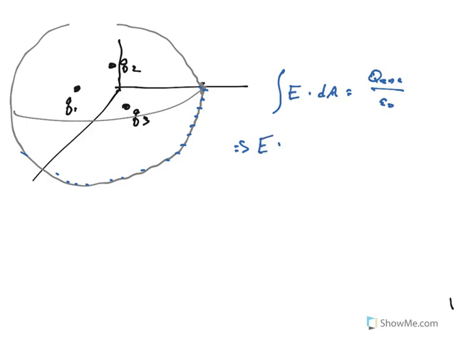So we have E times the area of the sphere, 4 pi r squared, equal to the total charge enclosed, Q1 plus Q2 plus Q3, over epsilon naught. Again, we get the same kind of answer. This, unfortunately, is not going to be a vector quantity. It gives us the magnitude of the electric field, but not the direction. But that's okay. If we need the direction, there are things we can do, or you can just do it the old way with vectors.